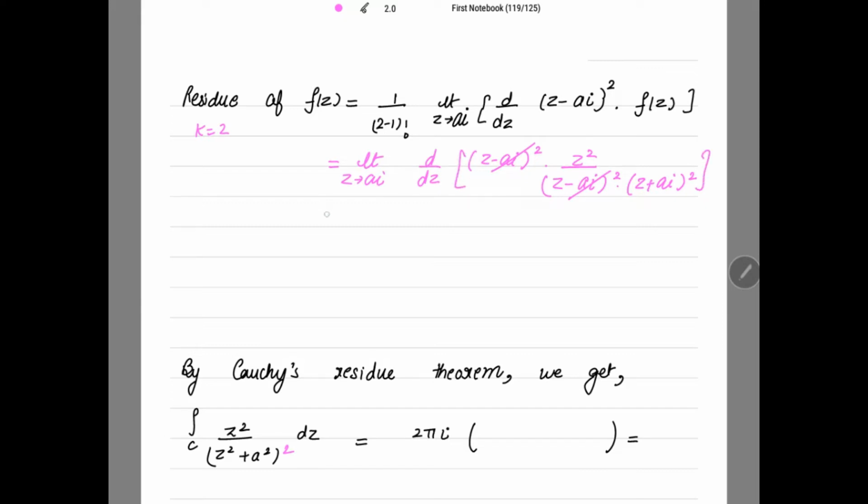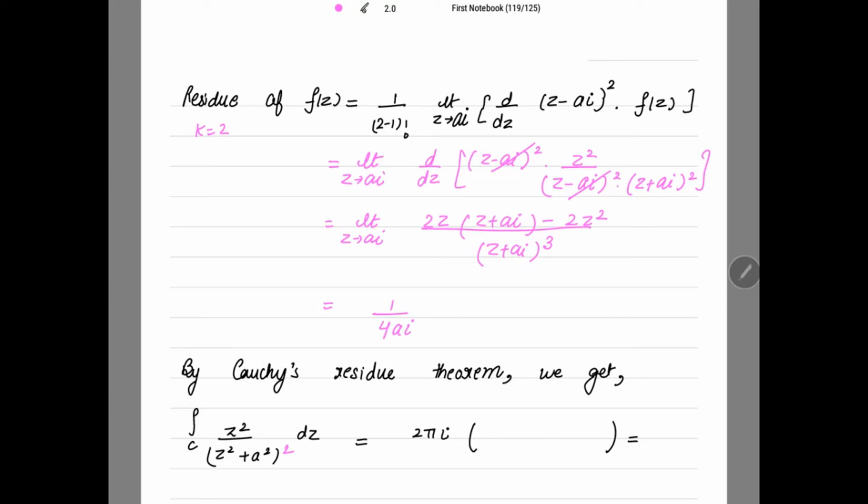When you differentiate this, you will get 2z(z plus a iota) minus 2z square over (z plus a iota) cube. Now put the value of z here, and when simplified you get 1 over 4a iota.